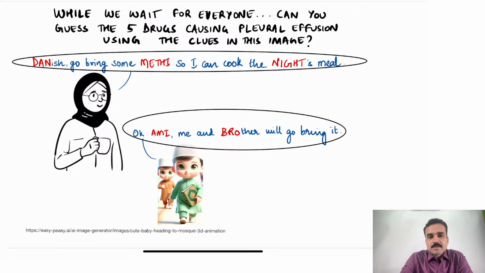And the son, being a good son, says, okay, Ami, me and brother, or bro, will go bring it. There are 5 drugs which can cause pleural effusion based on the letters highlighted in red. Can you guys in the chat box name the drugs which can cause pleural effusion?